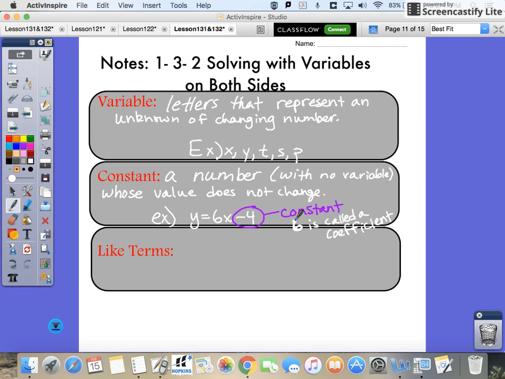And then last is like terms. So like terms are pieces of an equation that look the same.